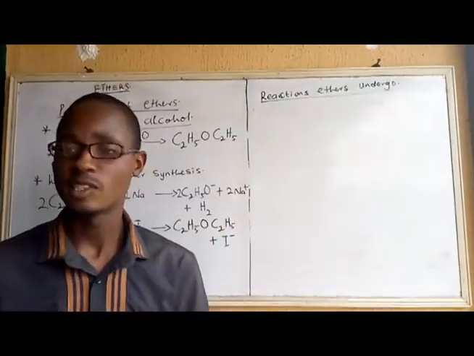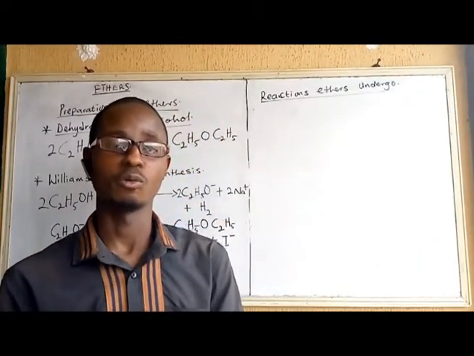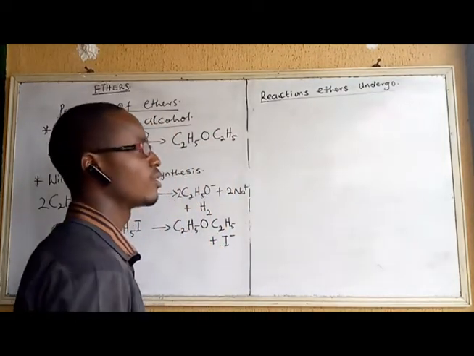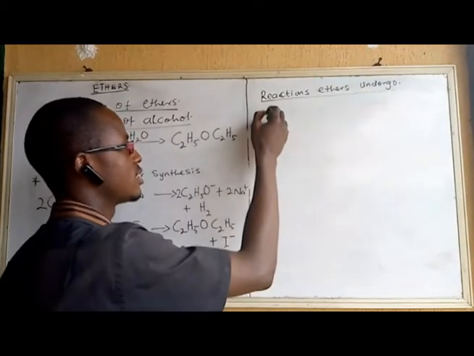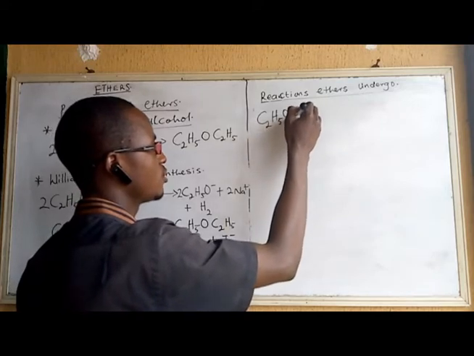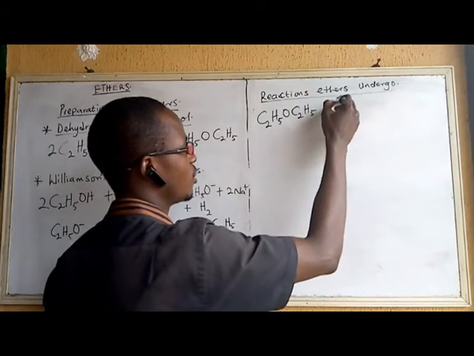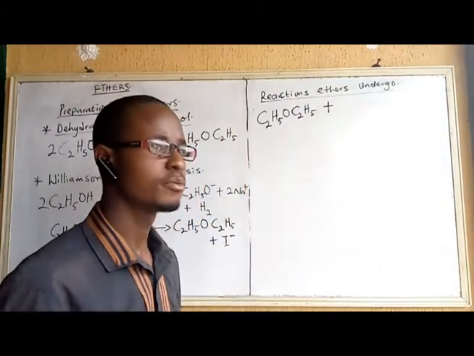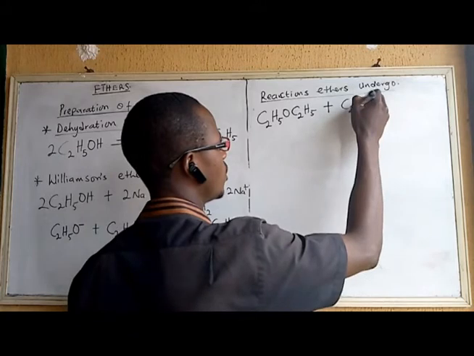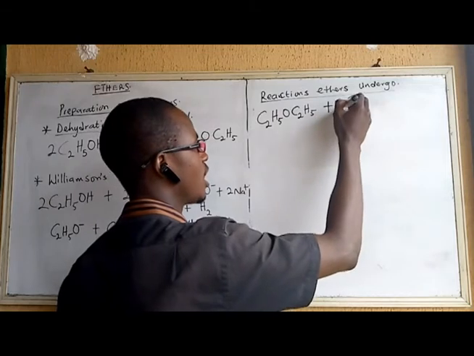The cleavage is in the sense that they can be converted from ether to another compound, which is always halogenoalkanes. How is this done? When an ether, an example of such is C2H5OC2H5, is reacted with hydrogen iodide.